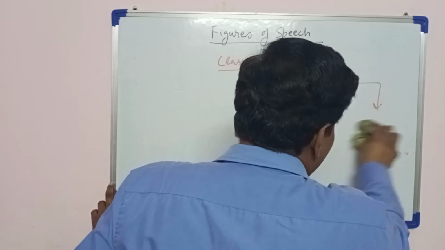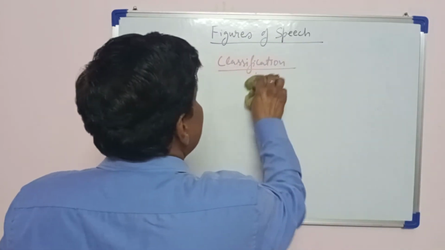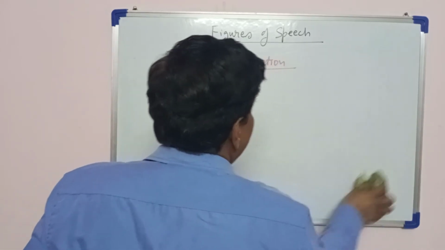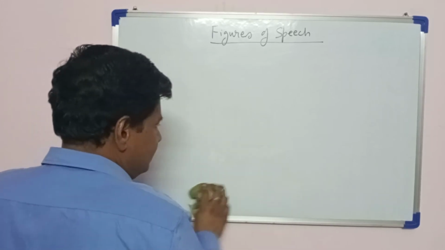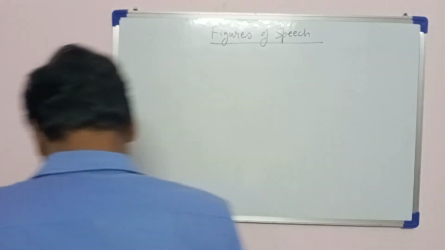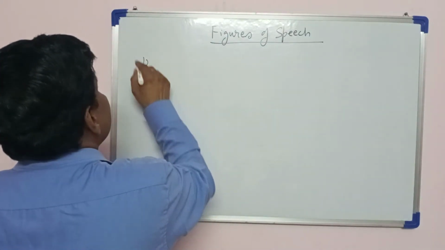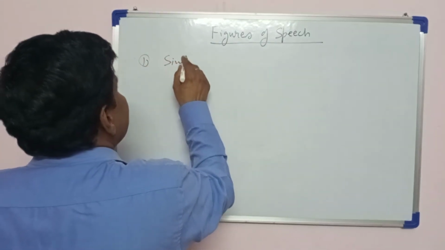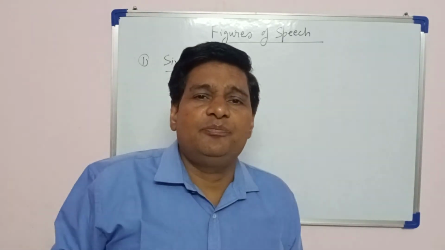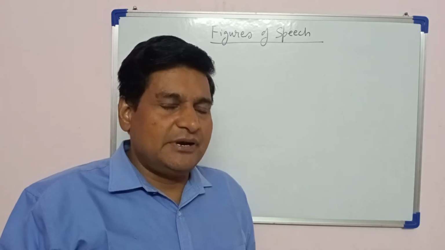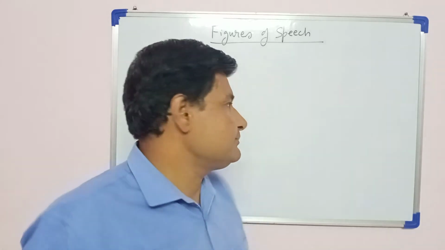Most of you might be aware about these two figures of speech, simile and metaphor. So we will begin with the first one, that is simile. It is a figure of speech that gives the comparison. We can say it compares two things of different class.